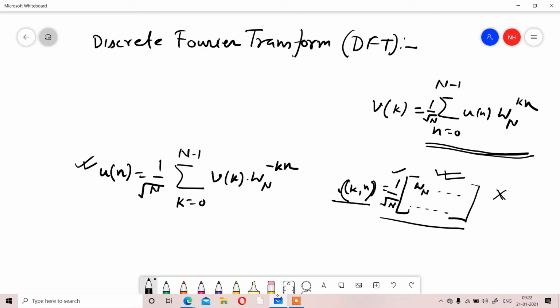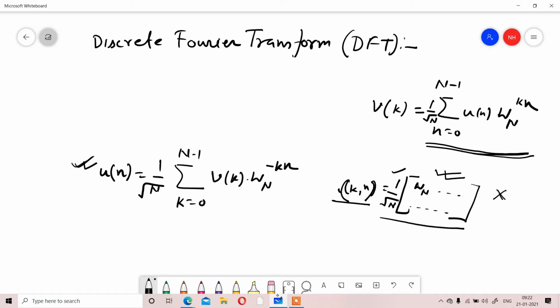So you don't need to consider 1 by n here. You don't need to consider 1 here. In both cases, you need to consider 1 by root n.